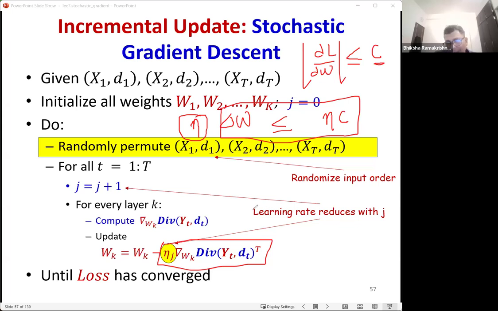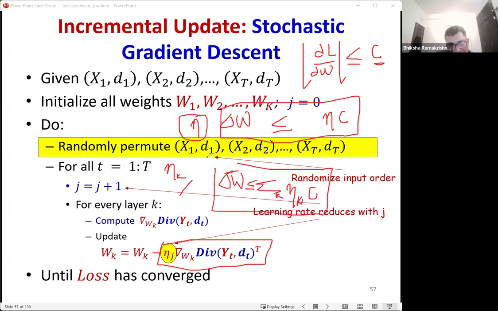Okay. Now, suppose my learning rate changes with iterations. So at the kth iteration, the learning rate is eta k. Then what is the maximum value of the corrections over infinite iterations, infinite updates? That is going to be the total correction, delta w, is going to be less than or equal to the summation over k of eta k times c.